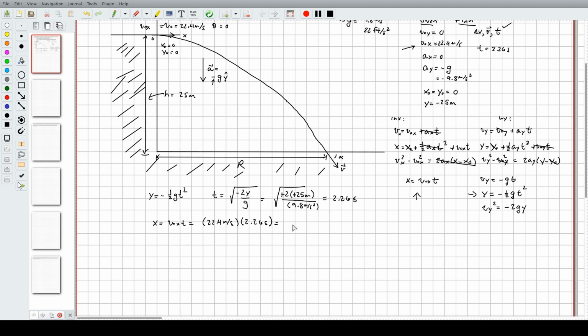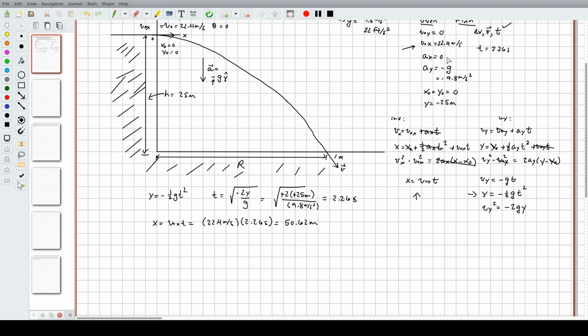So if you do this, 22.4 times 2.26, 50.62. So 50.62 meters is the range, approximately.